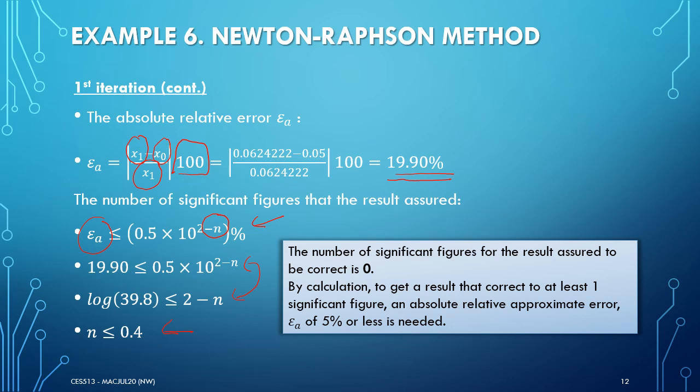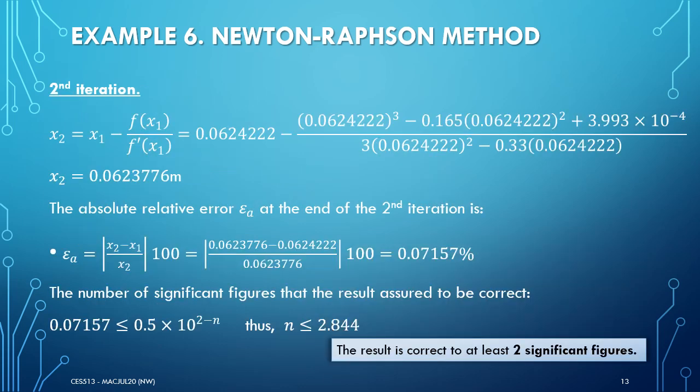That means the number of significant figures for the result assured to be correct is 0, because we need to get a number of significant figures less than 0.4. So to get a result that is correct to at least one significant figure, an absolute relative approximate error epsilon_a of 5% or less is needed.